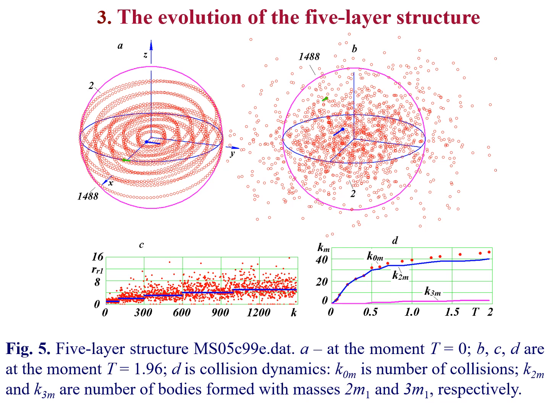The structure has 99 bodies in the first layer and 495 in the last layer.